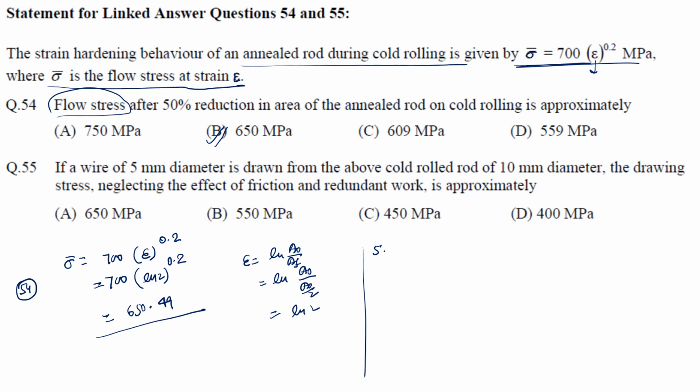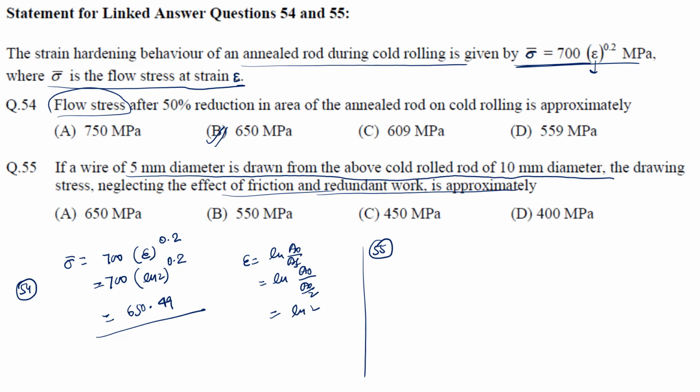Now let us see question 55. If a wire of 5 mm diameter is drawn from the above cold rod of 10 mm diameter, the drawing stress, neglecting the effect of friction and redundant work, is approximately.